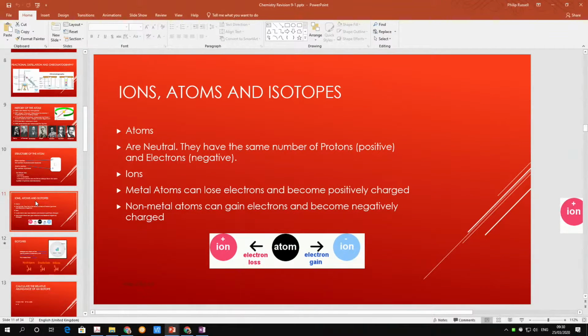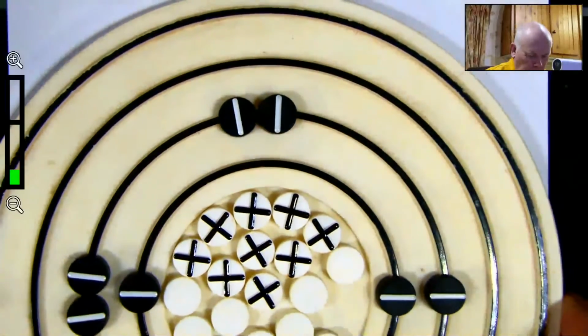So let's have a look at those and see how we can make some sense of what is an ion, what is an atom, and what is an isotope. And we'll start by having a look at simply what is an ion.